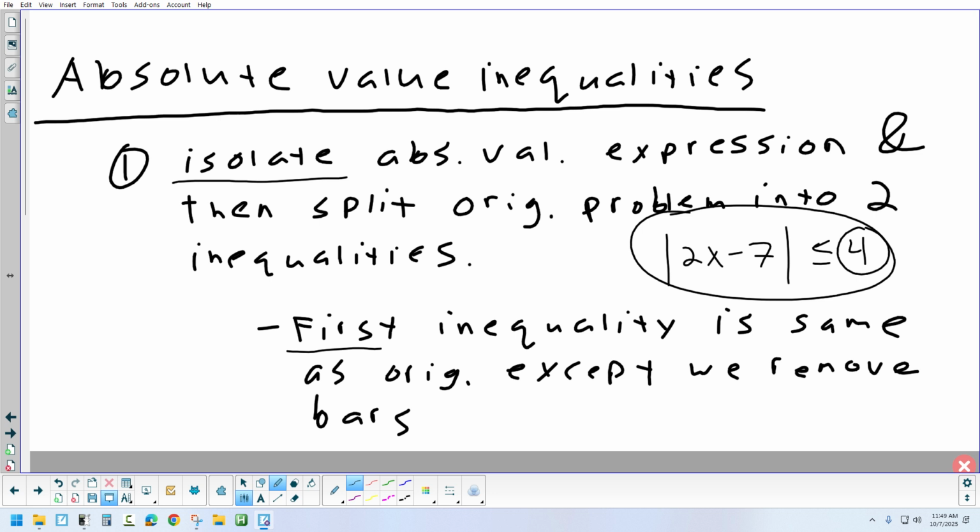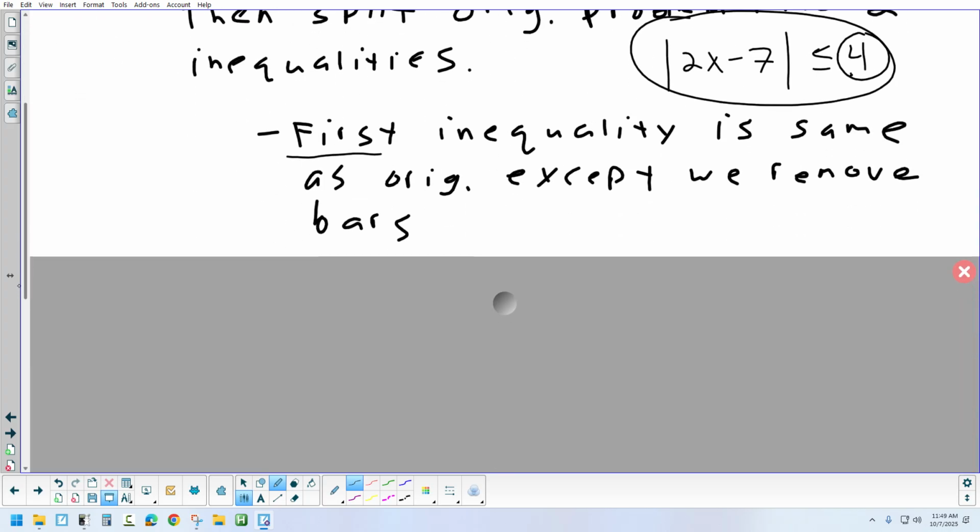So that's what we're going to have to do when we do the second inequality. Copy down the original without the bars, but we're also going to make the number on the other side the opposite. But with an inequality, if we make this number the opposite, we've got to do something else too. What else do we have to do? Yep. Flip the inequality. We have to flip the sign.